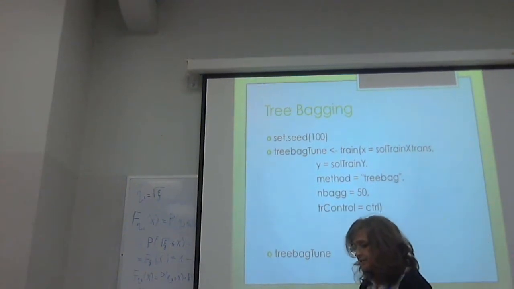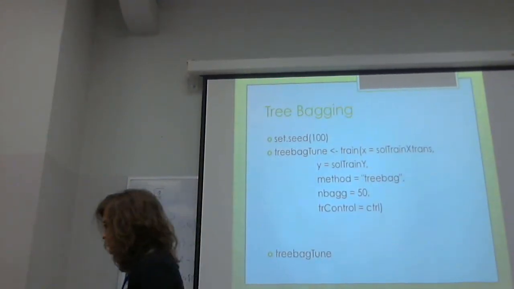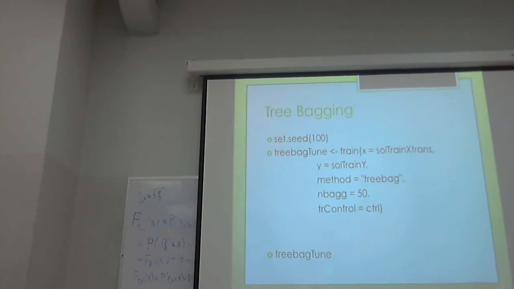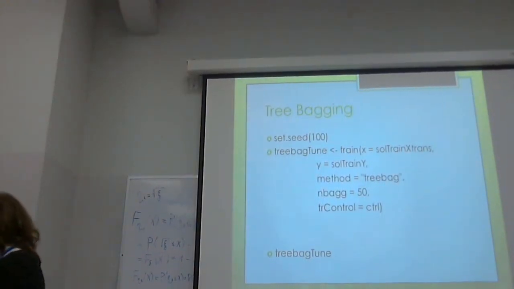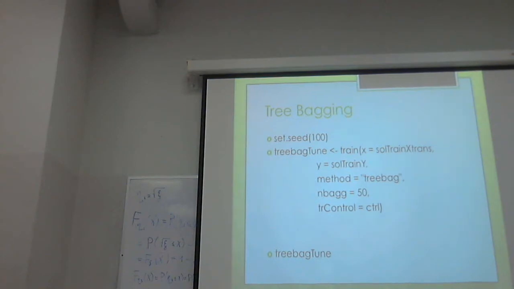It's not realistic in practice. Usually you have to do thousands, or 2,000, to get reliable results. But we don't have time to test it in class, so we restrict ourselves to 50 trees. Sorry.